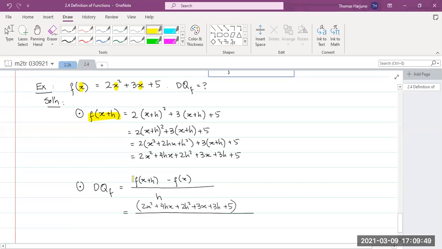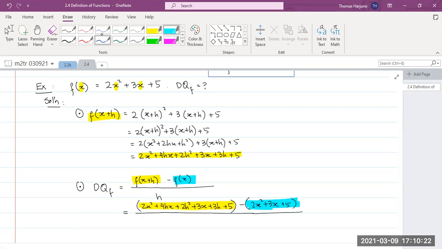That's our f of x plus h, minus f of x, which is 2x squared plus 3x plus 5, over h.